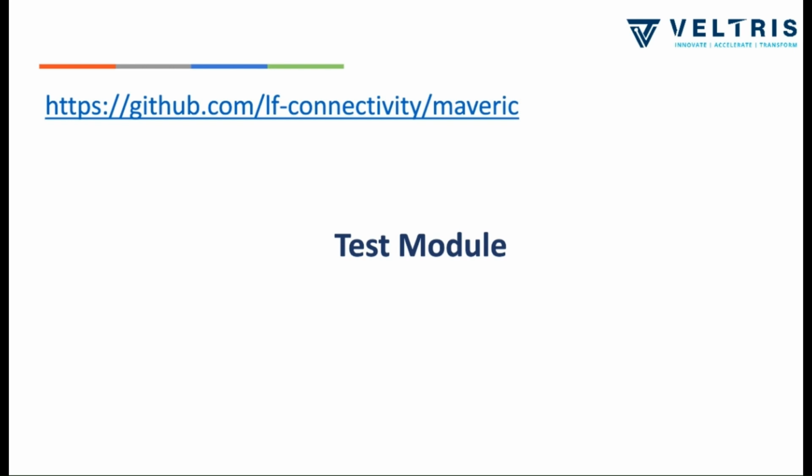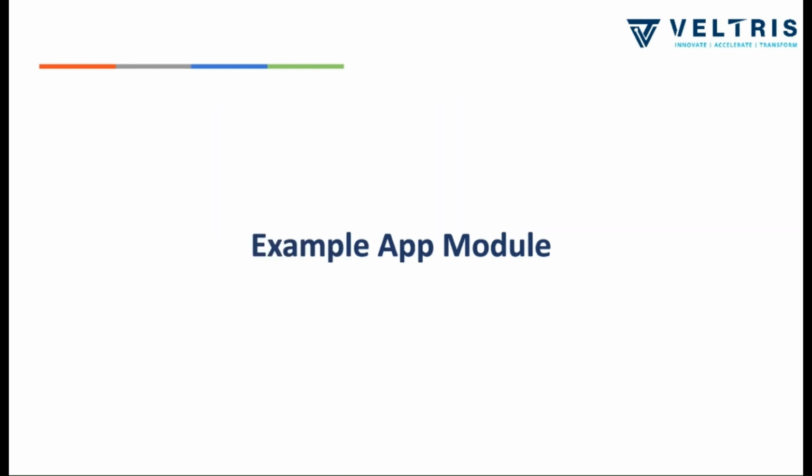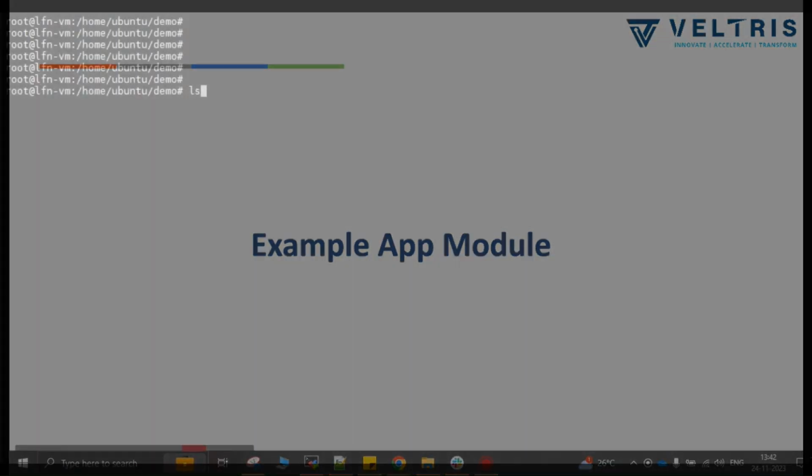So we will go over that in the test module. After the test module, there is an implementation of a sample app module which will again run an RF prediction with an incremental update approach, and we can also run it without the incremental update approach. Those will be explained now.